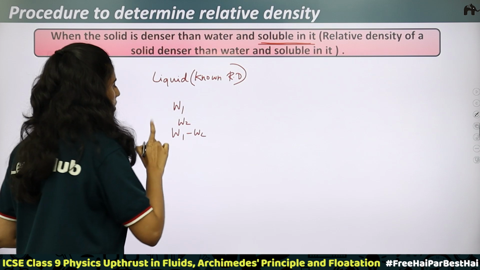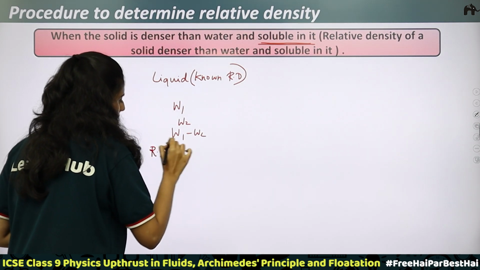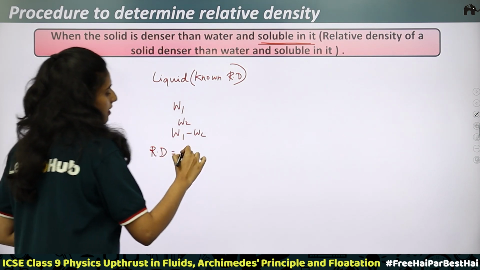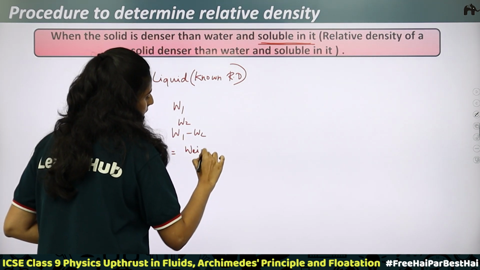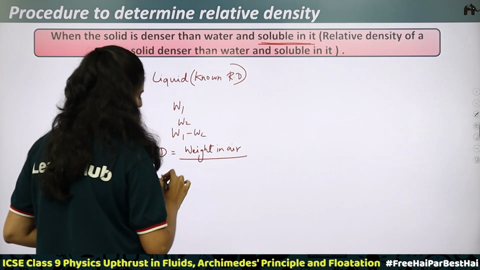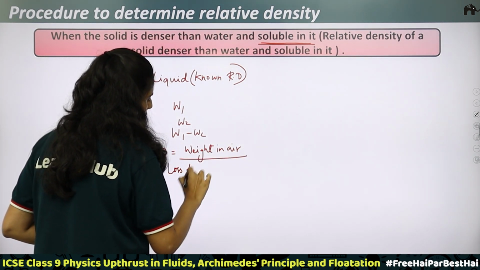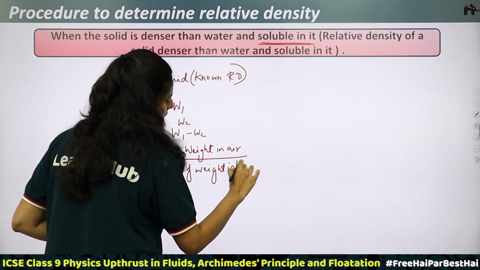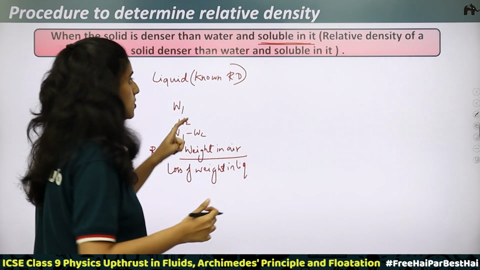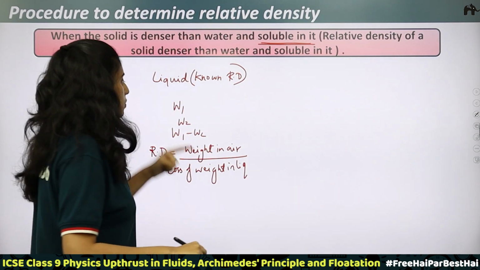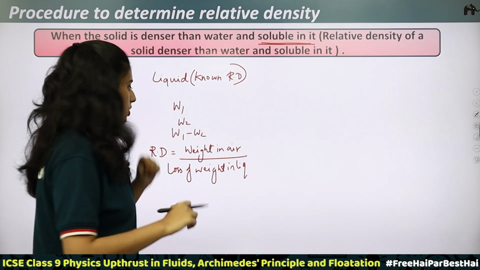Now, to find the relative density, the relative density of the solid will be equal to weight in air divided by loss of weight in liquid. Here we cannot take water because the substance is soluble in water. So instead of water, we are taking a liquid whose relative density is known.